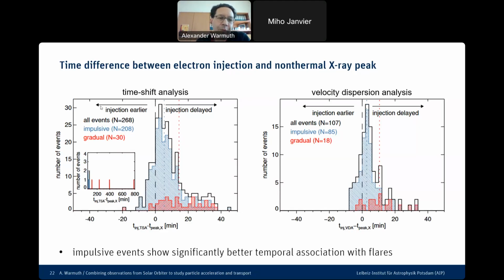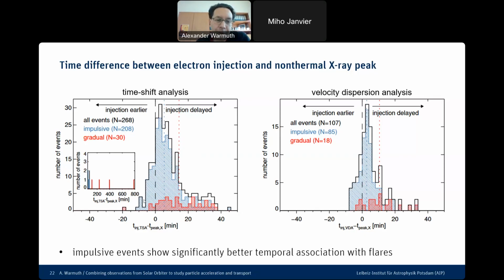So if this time here is negative, it means that the injection at the sun happens before the flare peak. And if it's positive here, it means that the injection is delayed. And what we find is that in most cases, the injection is indeed delayed. And that has been known for some time. That is one of the unsolved questions. Why is the injection usually delayed?